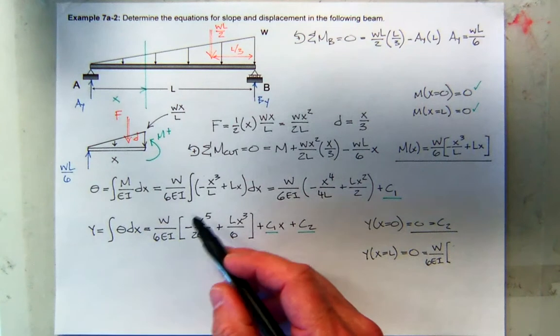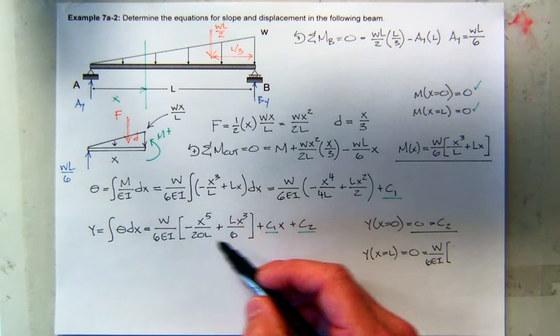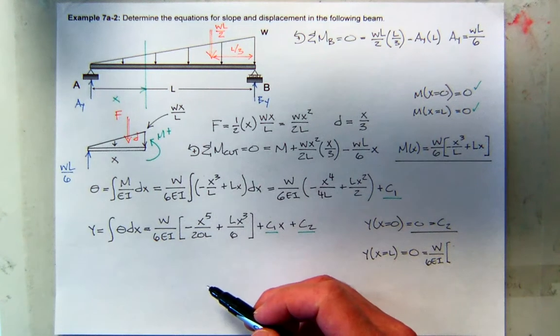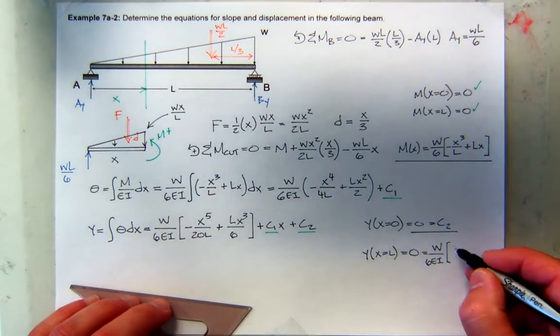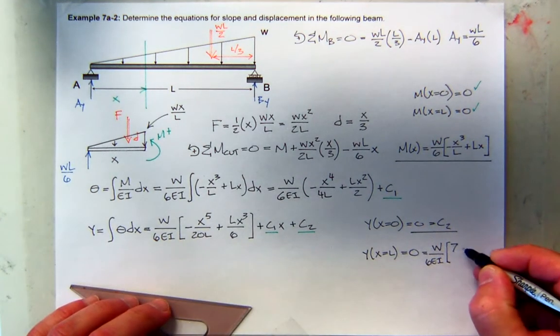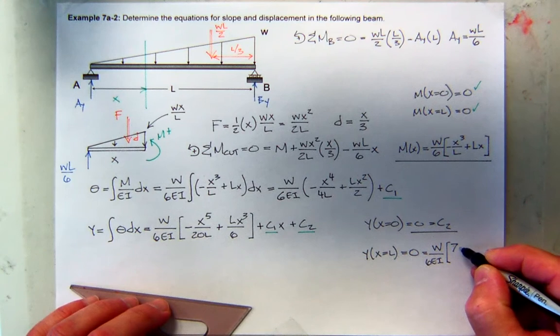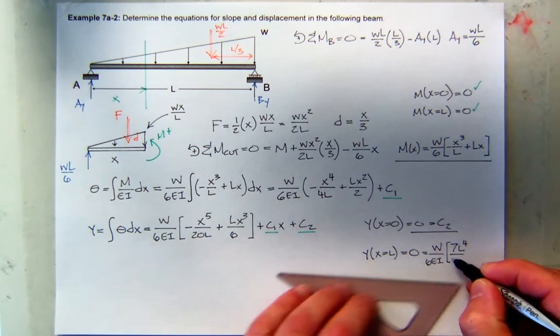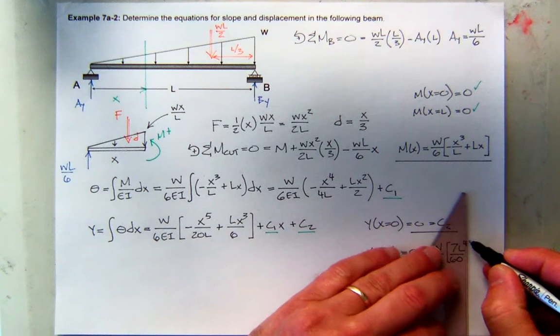So this 1/20th will be 3 over 60. This will be 10 over 60. And then 10 minus 3 is 7. So I get 7 L to the 4th over 60.